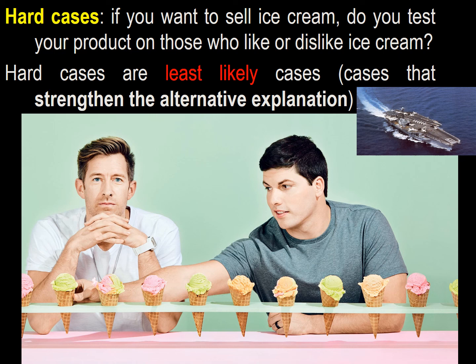Case selection strategies are the same for hard cases. We want to test our theory on a case where our theory is going to have a difficult time, where it's not obvious that our theory is going to work automatically or immediately. Why would we want to do this?